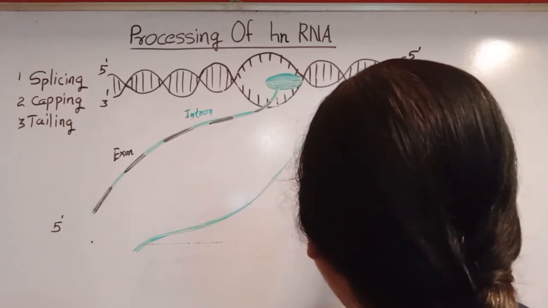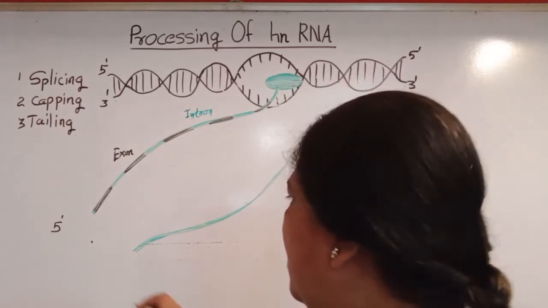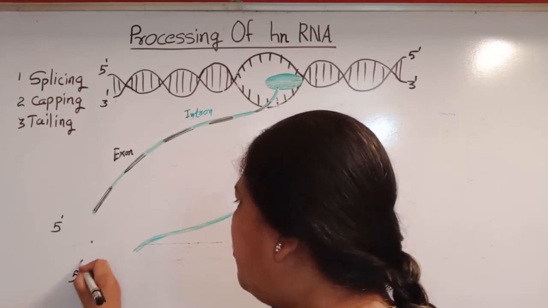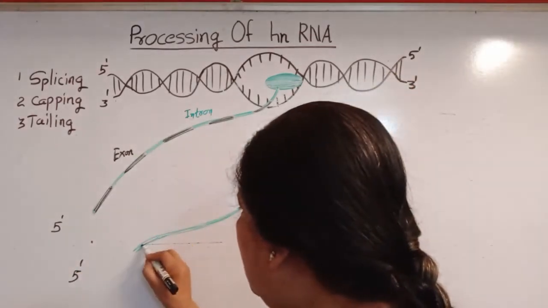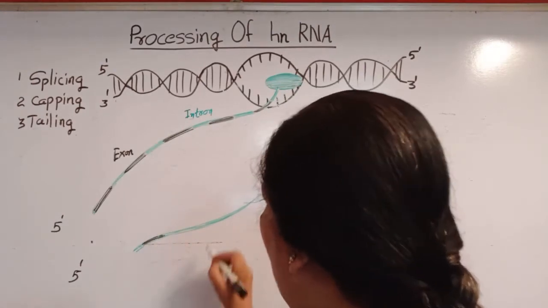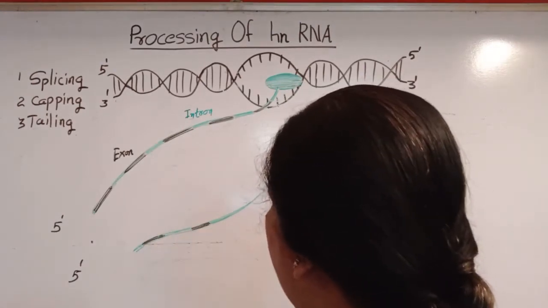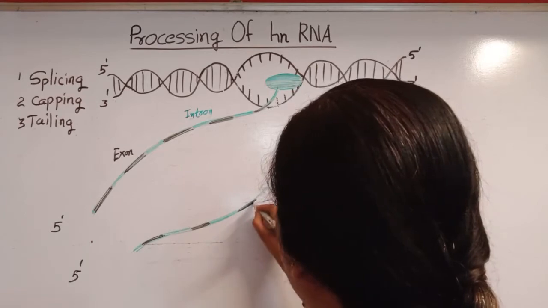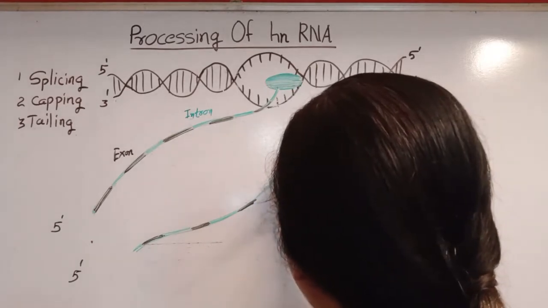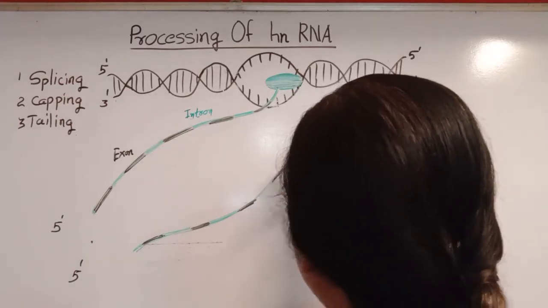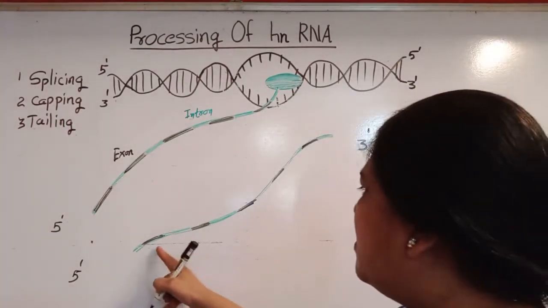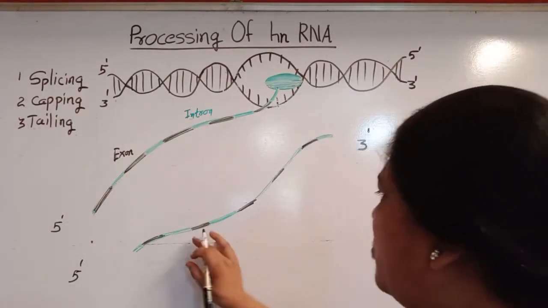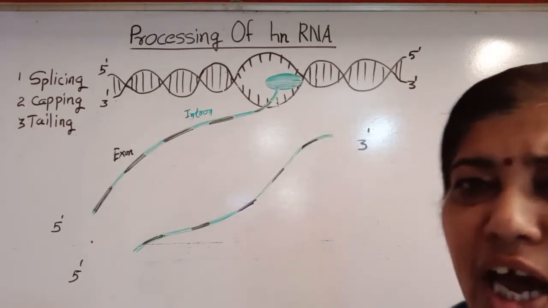So this is 3' end and this is 5' end, and see, this is exon, this is also exon, this is exon, this is exon, and this is exon. So this is primary transcript, or it is also called hnRNA.